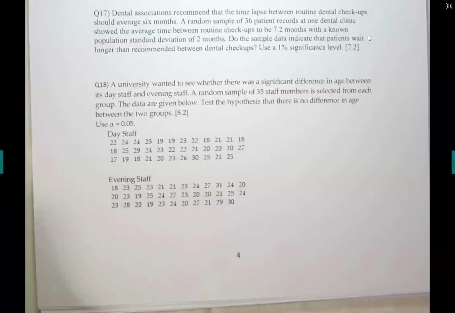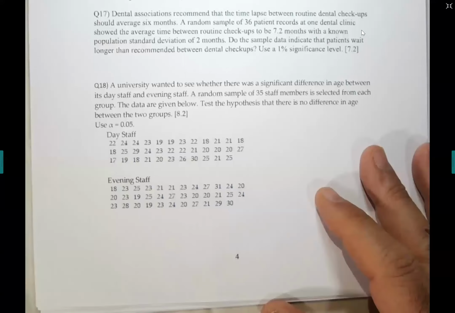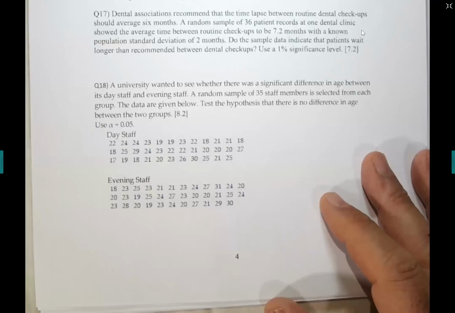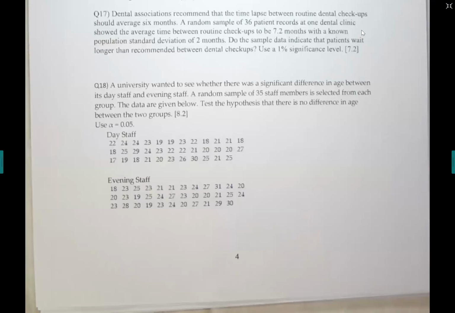17. The Dental Association recommends that the time lapses between routine dental checkups should average 6 months. A random sample of 36 patients' records at one dental clinic showed the average time between routine checkups to be 7.2 months.